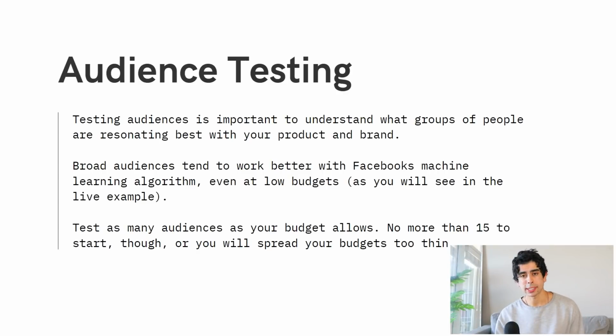And make sure that you're testing as many audiences as your budget allows, but not more than like 15 to start with. Of course, over time, you will test way more than 15. But to begin with, I don't think it's smart to test more than 15, because you're just going to be spreading your budget way too thin and not letting each audience get its proper amount of money and time for Facebook to find customers in it.